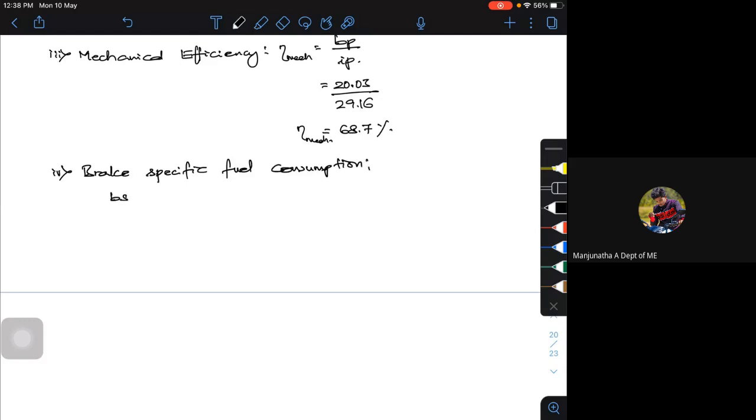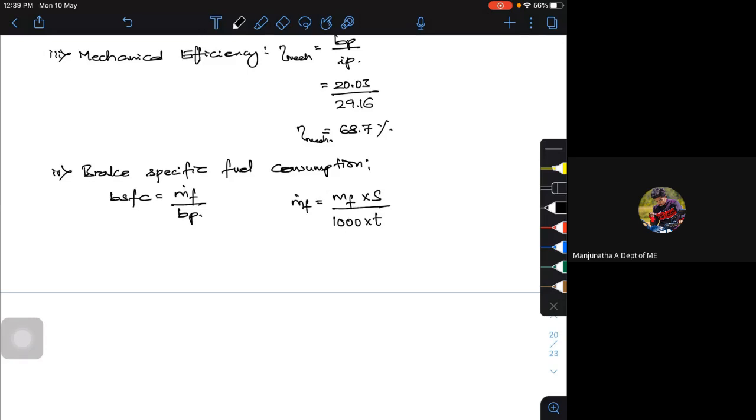BSFC. What is this actually? It is mass flow rate of the fuel divided by brake power, which you have already found. Now the only thing is I have to find the mass flow rate of this fuel. So mass flow rate of the fuel is equal to mass of fuel, which we have got in cc. I want it in liters, so divided by 1000, into specific gravity, divided by time, which is 30 minutes.